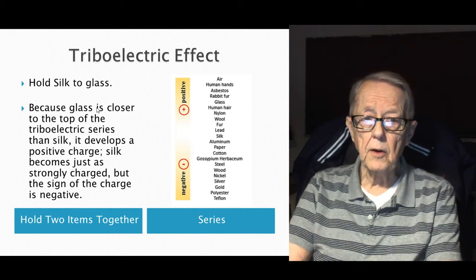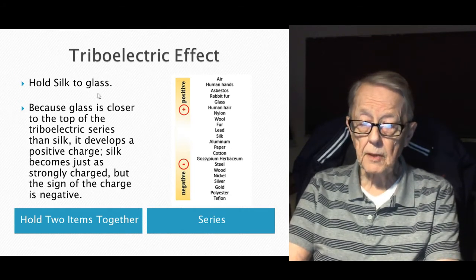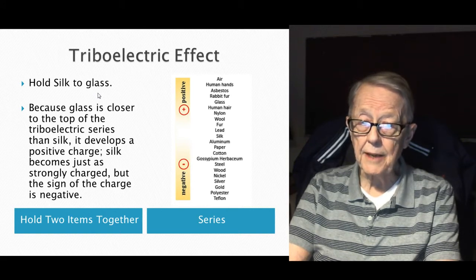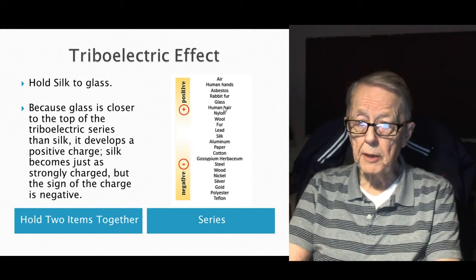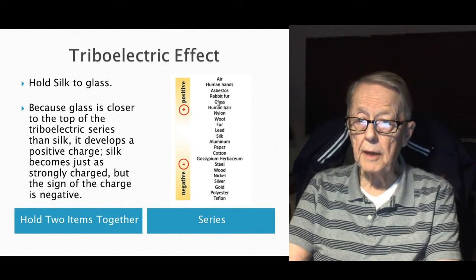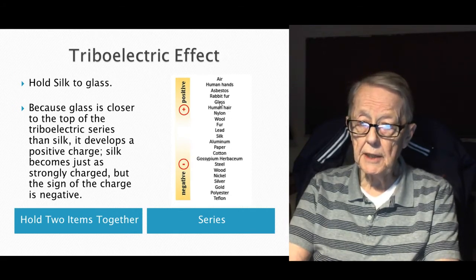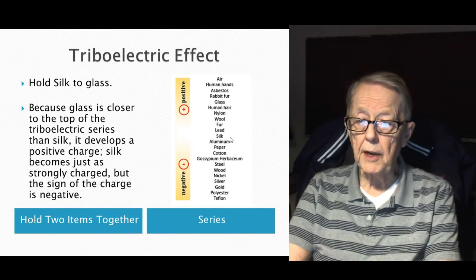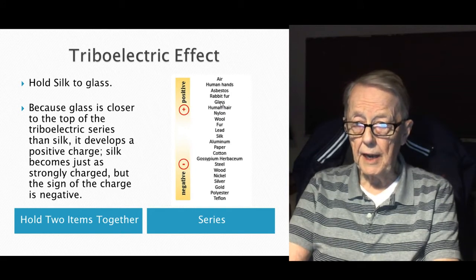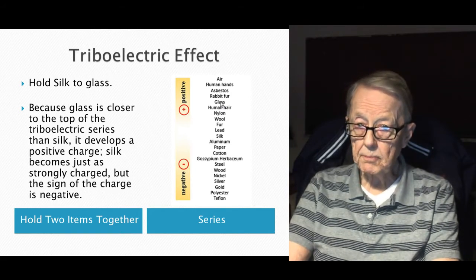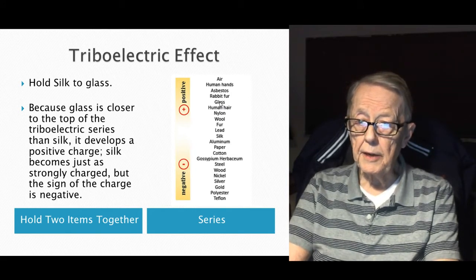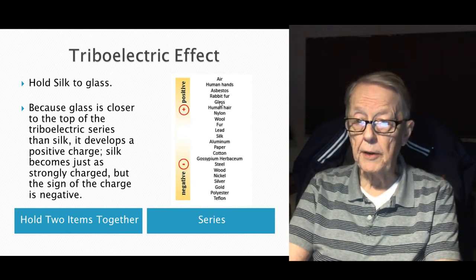Holding silk to glass, and I'm talking about holding it, not rubbing it, because glass is higher than silk on the chart, here's silk in the middle and here's glass, when these two objects are held together, the glass gives up the negative, the electron in the normal expression.